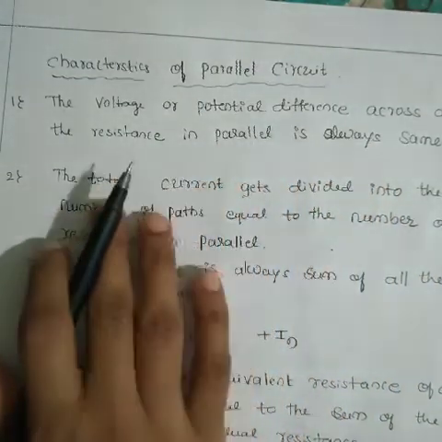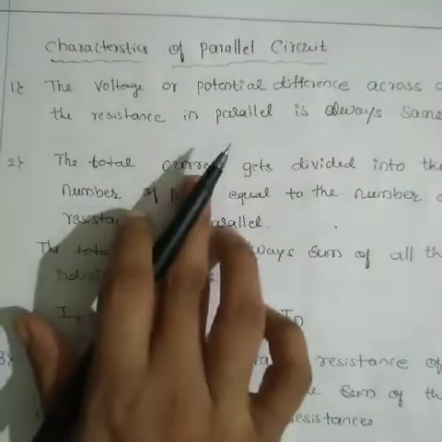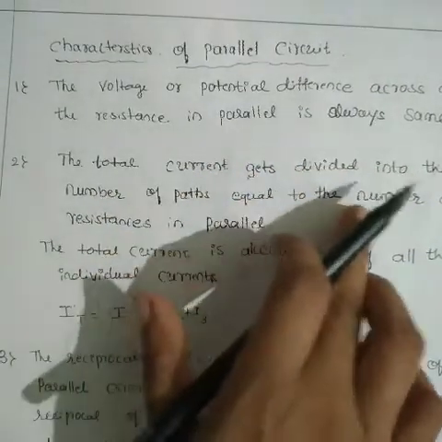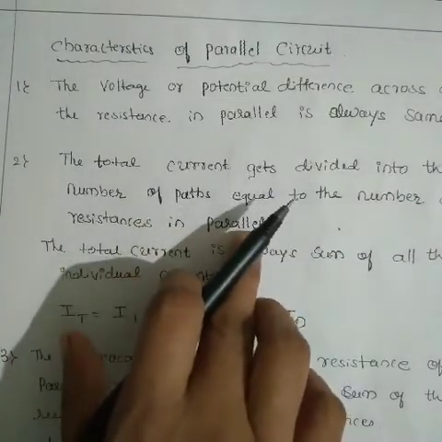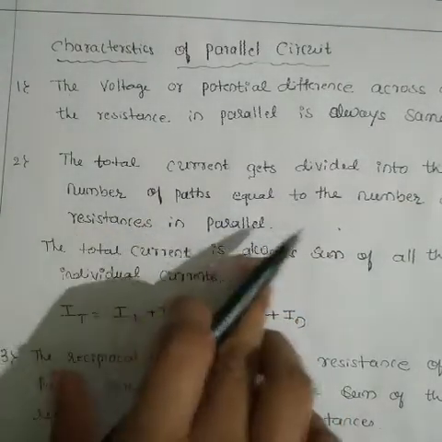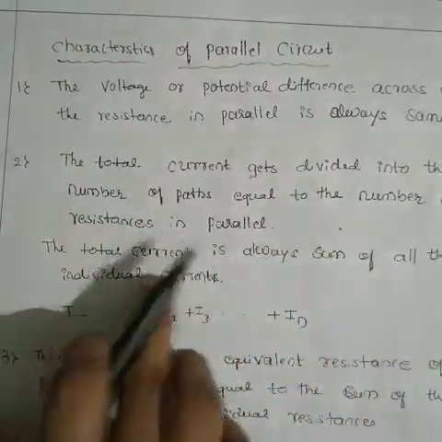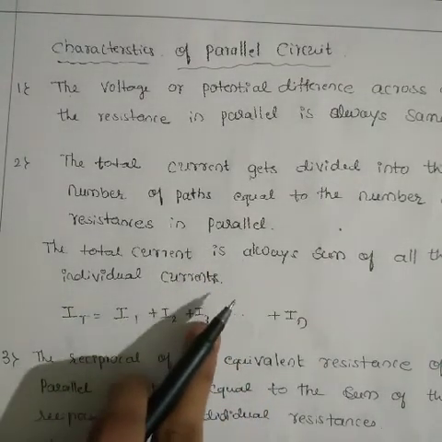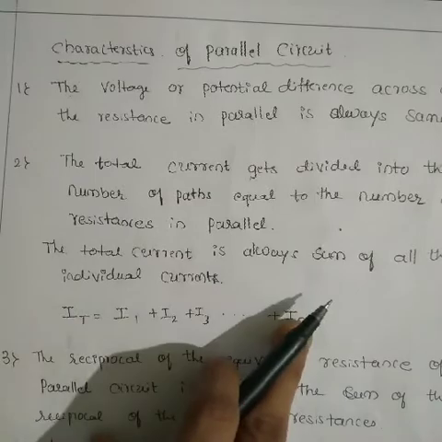Second, the total current gets divided into a number of paths equal to the number of resistances in parallel. The total current is always the sum of all the individual currents, that is IT is equal to I1 plus I2 plus I3 up to IN. This is your second characteristic.